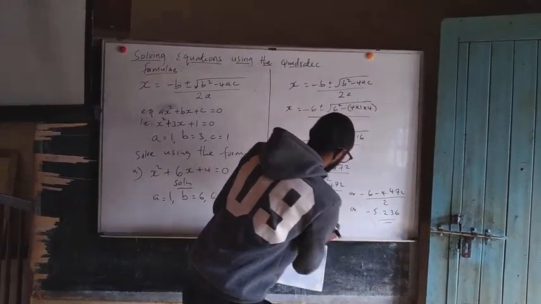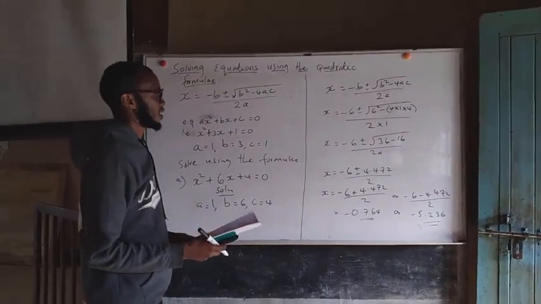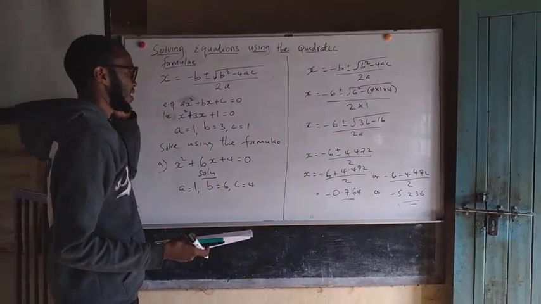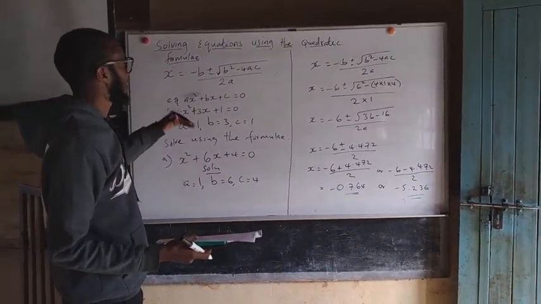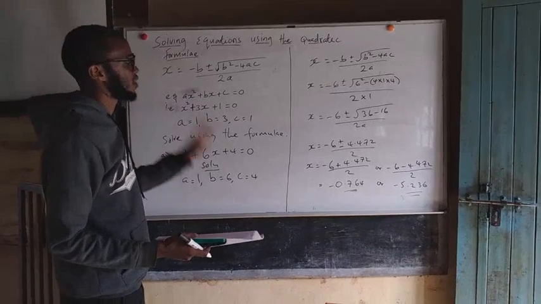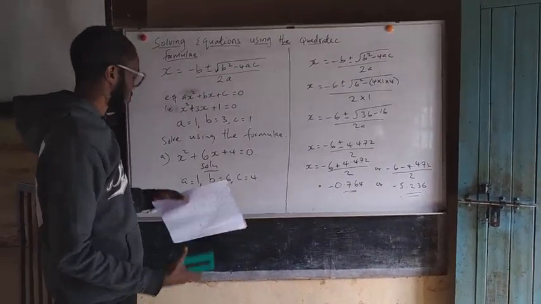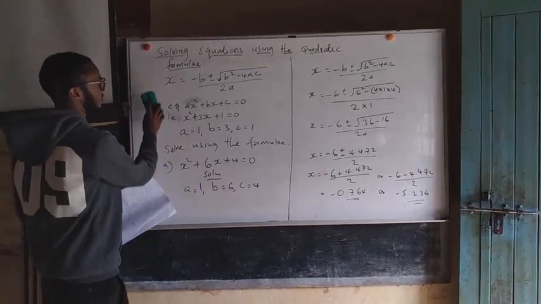So that is how we go about it when we are told to solve using the quadratic formula method. It is as simple as this. The only thing you are supposed to do is place the values of a, b, and c in the formula, and what you get is the answer. So having said that, I want us to do another example, and then we continue.